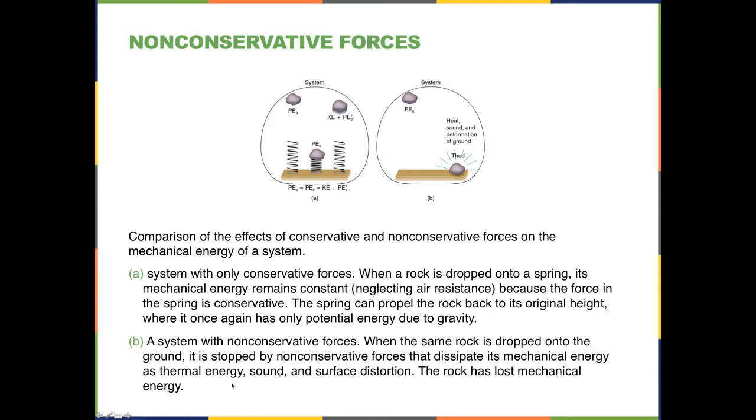These forces include the thermal energy, the heat that may be produced, the sound that's produced, the distortion of the surface of the material here. We've talked about that. And the rock has lost its mechanical energy, but it's lost it in a way that you can't necessarily detect. So that's what's meant by non-conservative forces.